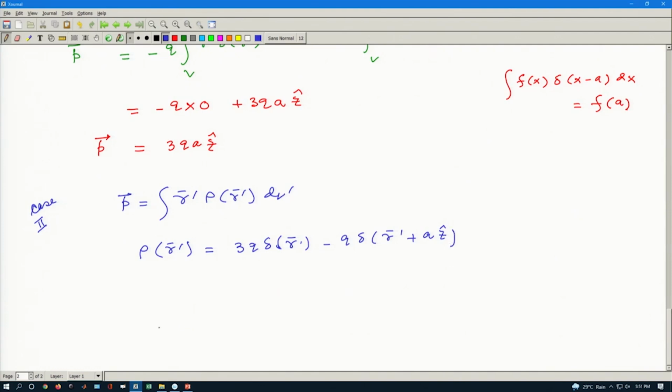That is my rho, and if I put this rho here in this equation like before, I simply get my P to be 3q, because 3q is associated to the delta.